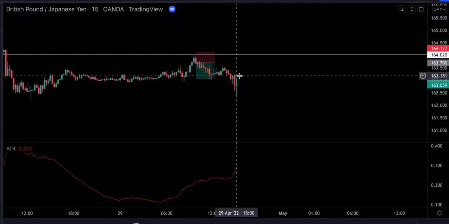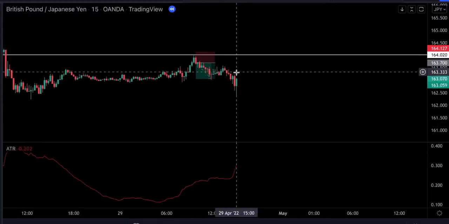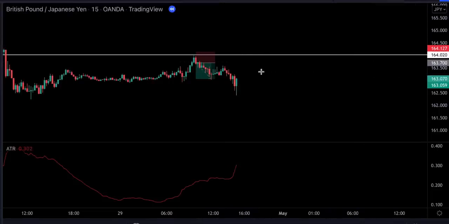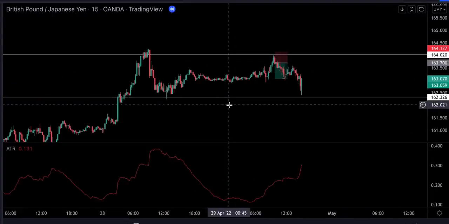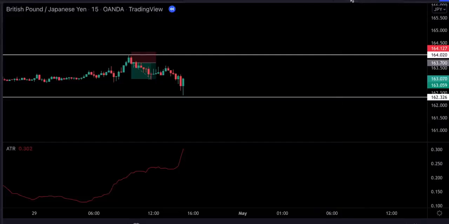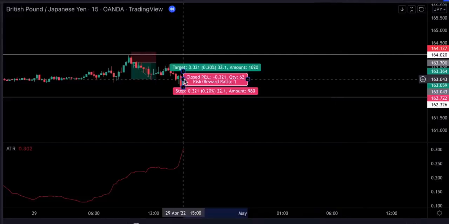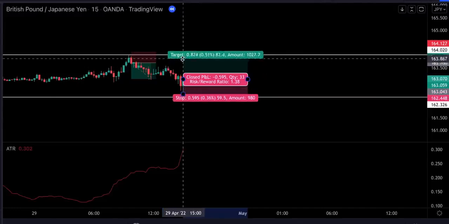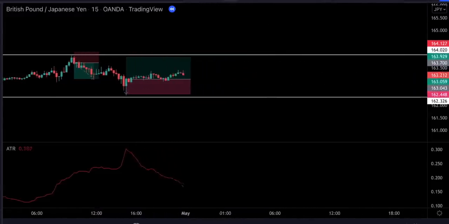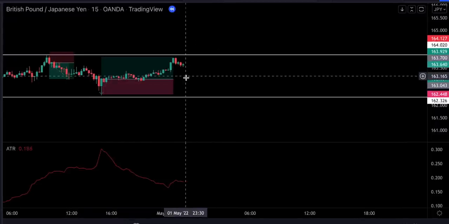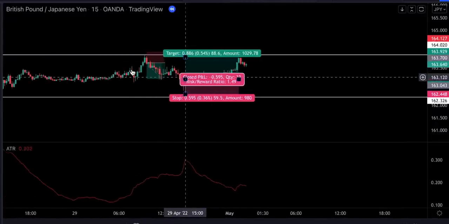Okay, so here we see a strong bearish move, but this move got rejected by this support level. So let's actually draw a support line. We see it's a strong support, so let's actually enter a long position. We will set our stop loss at the distance of 0.60. Okay, so we see the price successfully hit our take profit target and it actually got rejected by this resistance level.